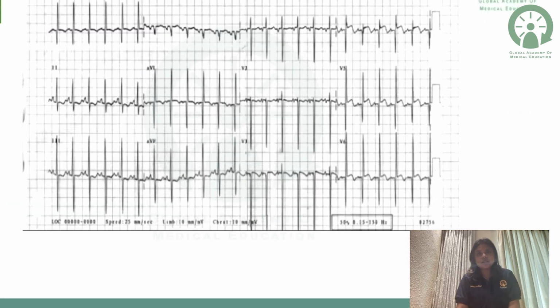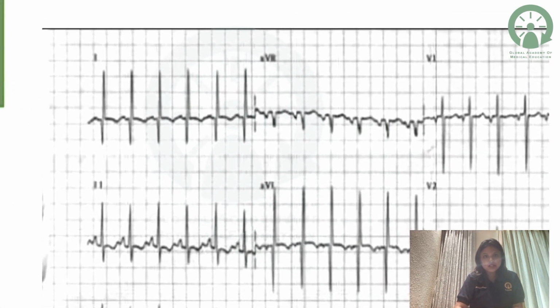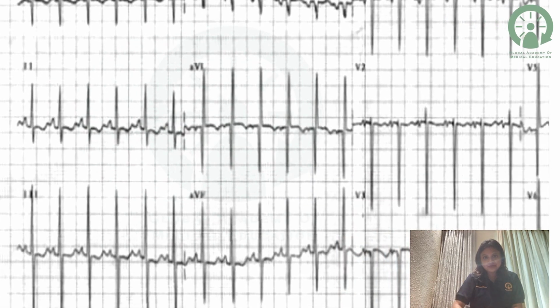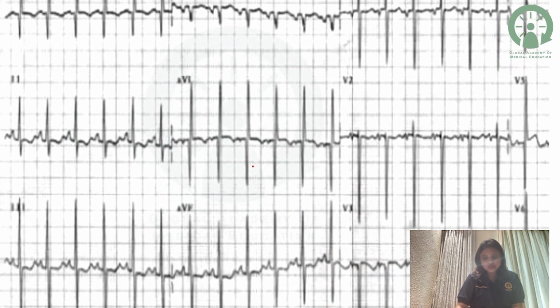Next is an ECG waveform, and I would like you to see the anterolateral leads. See first in lead one, can you appreciate the Q wave? Next, see aVL. Again, the Q wave, which is very prominent.